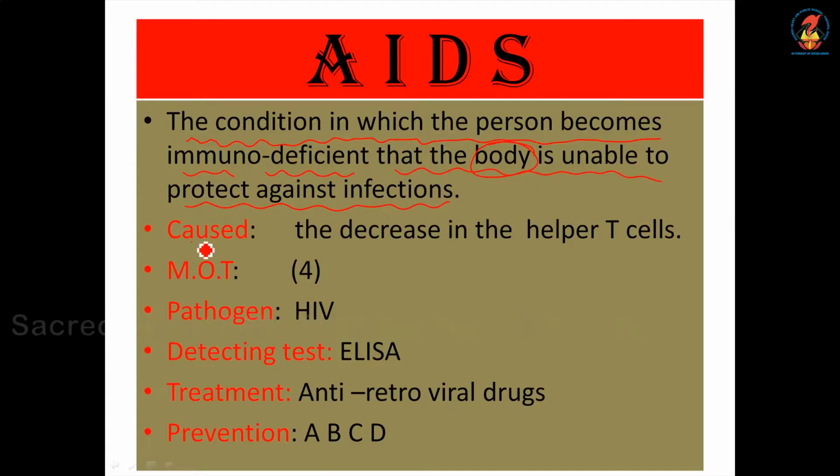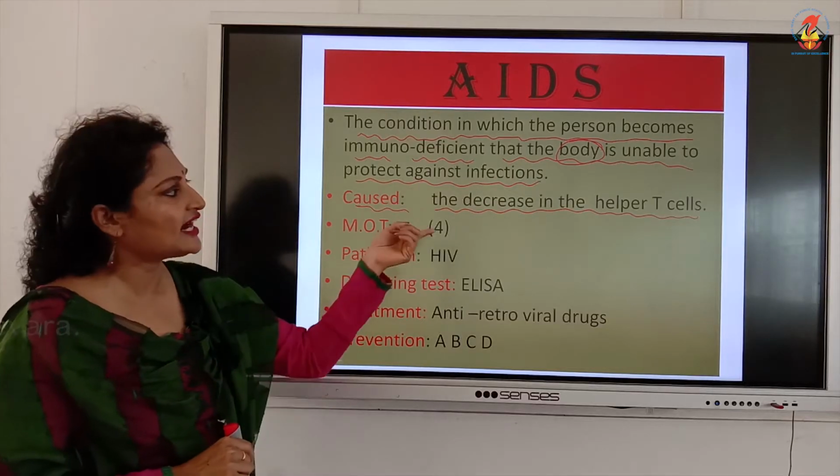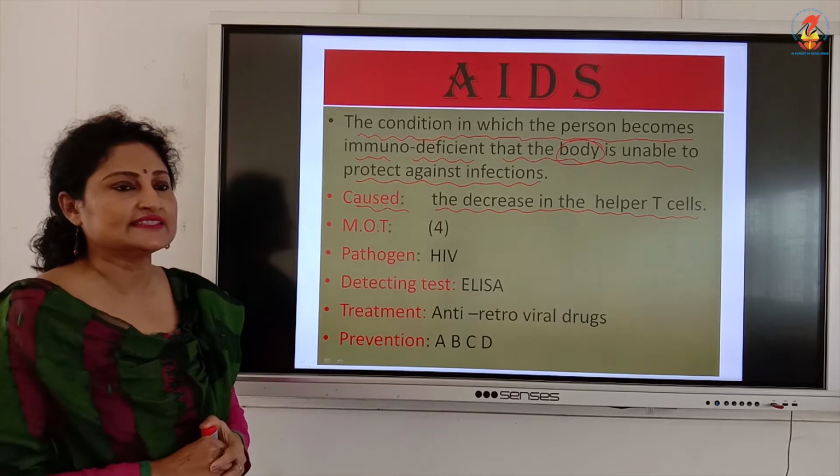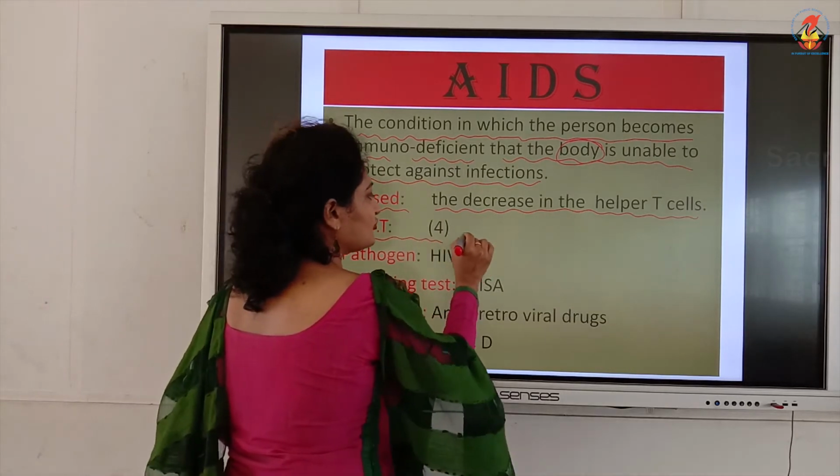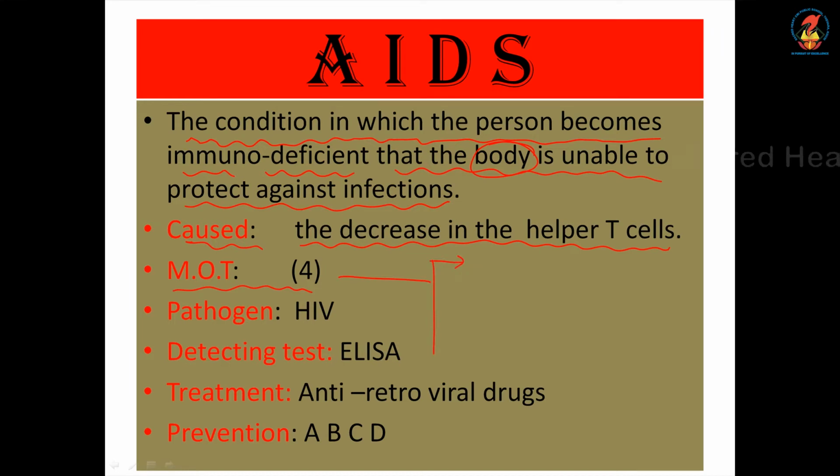Now, it is caused due to a decrease in the number of helper T cells, a significant decline in the number of helper T cells. When we learn the replication of the retrovirus, we can see how the number of helper T cells declines. Now, mode of transmission: we have learnt in chapter 4 that there are 4 different modes of transmission of AIDS.